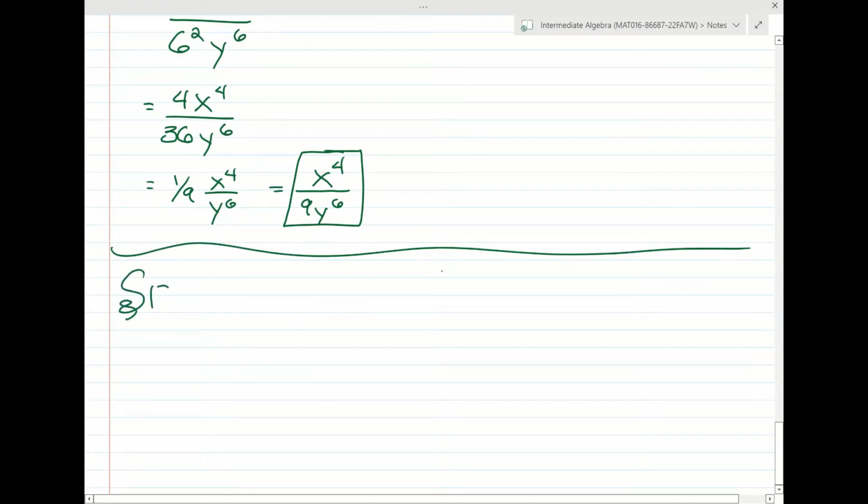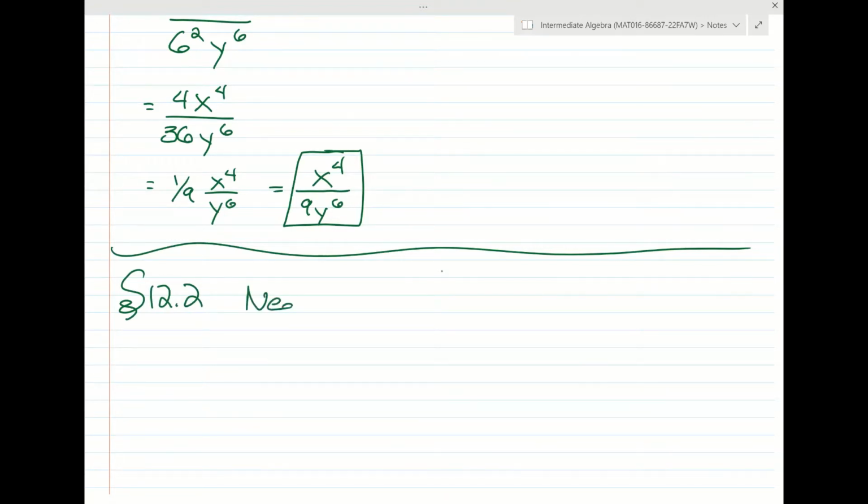Section 12.2. We're going to be focusing on negative exponents.